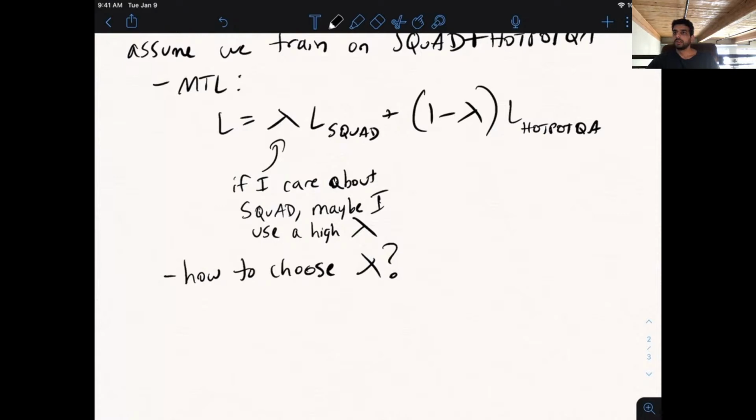Okay, next question: do we need to have the same type of objective function as well as labeled data for all these datasets? That is not actually true. That's just what I've shown in this example. You could potentially multitask with many different types of tasks and objectives, but you can imagine this makes the weighting process even harder. It's not very clear how I'm going to assign weight to a completely different type of objective function.